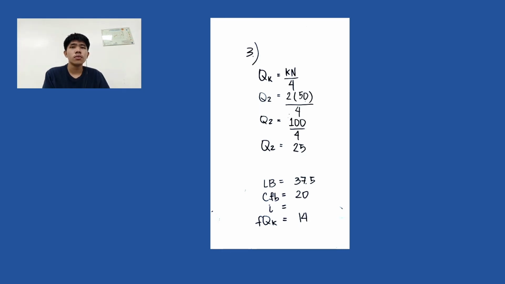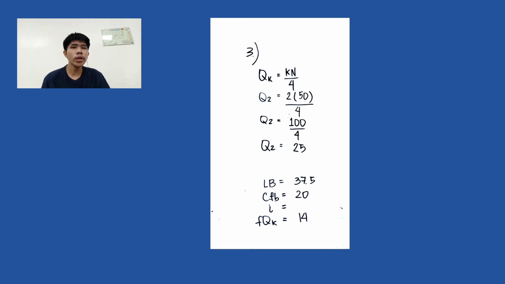So Q sub K is equal to Kn over 4. Substitute: Q sub 2 is equal to 2 times 50 over 4. So 2 times 50 is 100. Q sub 2 is equal to 100 over 4. Divide 100 by 4. Q sub 2 is equal to 25.